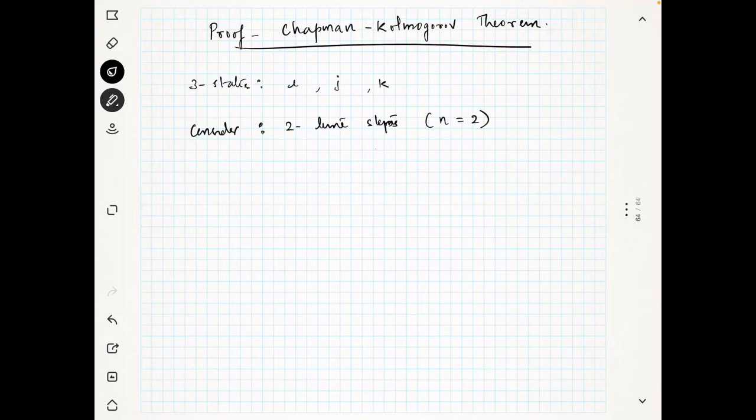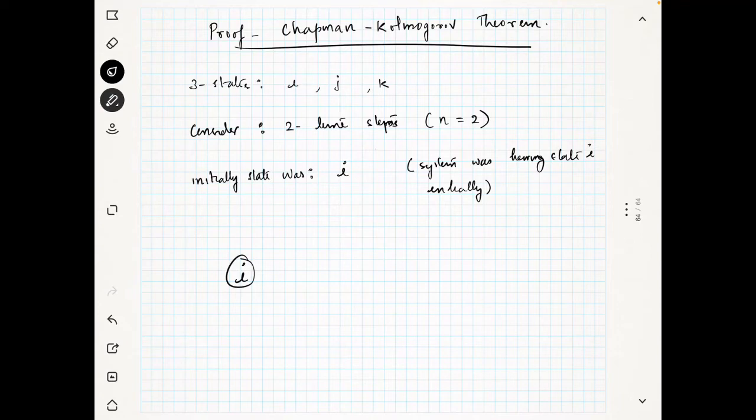We are also assuming that initially the system state was I. That means the system is starting at state I. Now it also has another state J and this is K. So this is the initial state.